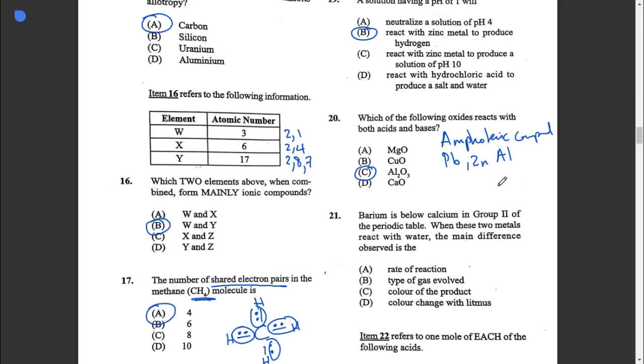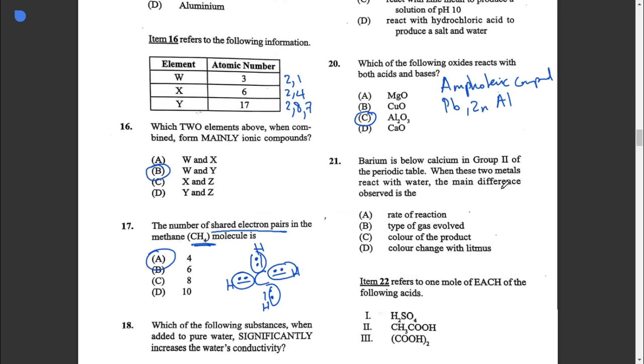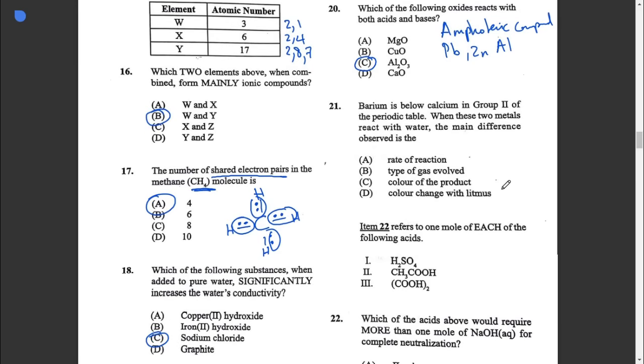Item 21. Barium is below calcium in group 2 of the periodic table. When these two metals react with water, the main difference observed is, so we know that in that particular group and in other groups in general, the reactivity tends to increase as we go down the group. Why? Because the outer shell, where most of the reaction takes place, is moving further away from the nucleus.